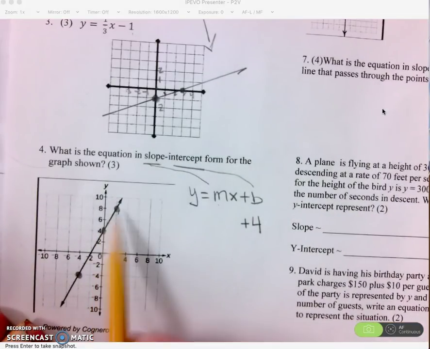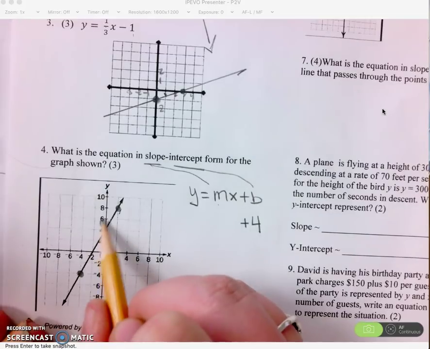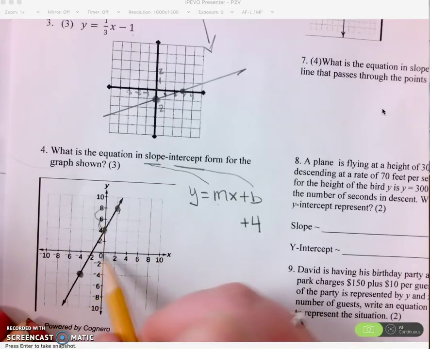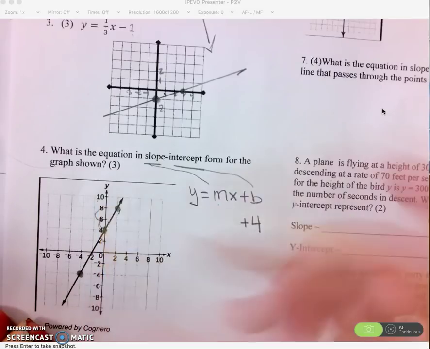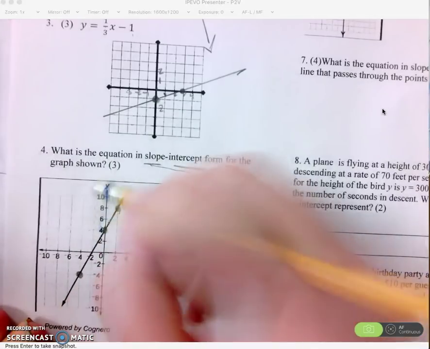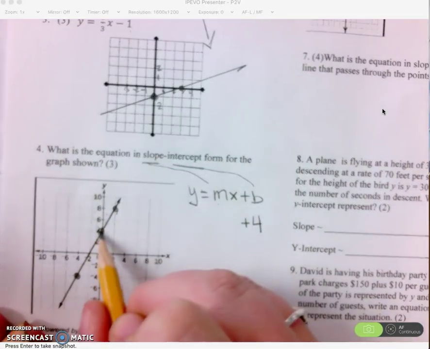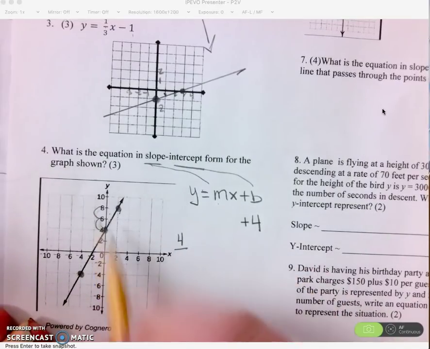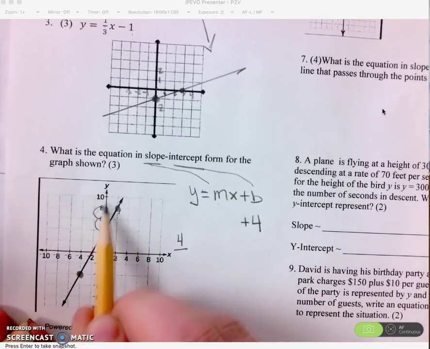So from this point to this point, we can go up. Here I'm going up 2, up 4. I notice my numbered graph is going by 2s, so I have to make sure to be aware of that. So go up 2, 4, my top number is 4, and I go over from 0 to 2.